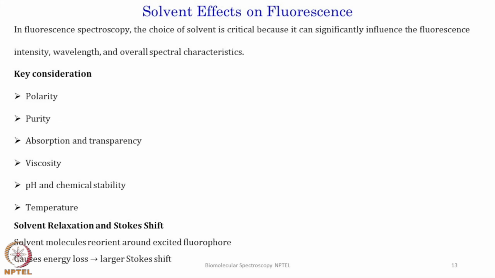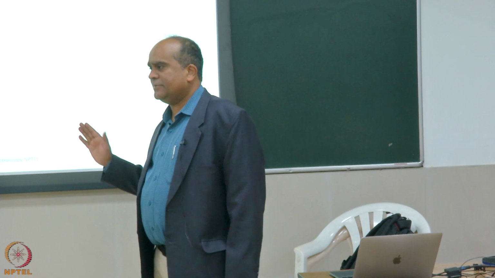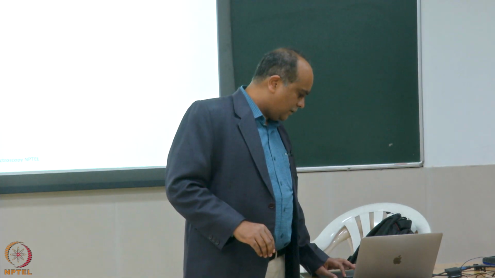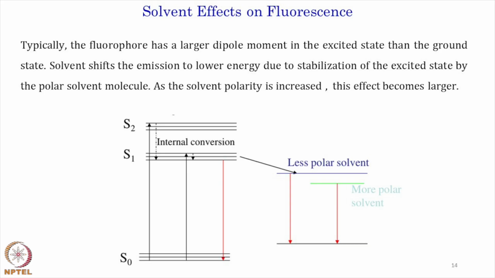So, whatever causes energy loss is not good because that can cause a larger Stokes shift, right. So, you want to avoid all of these external factors, and essentially what it does, for a fluorophore, if there is a less polar solvent or effect, it reduces the energy.